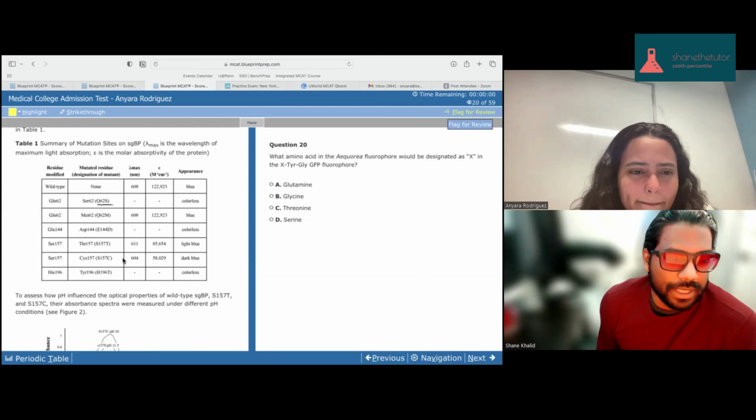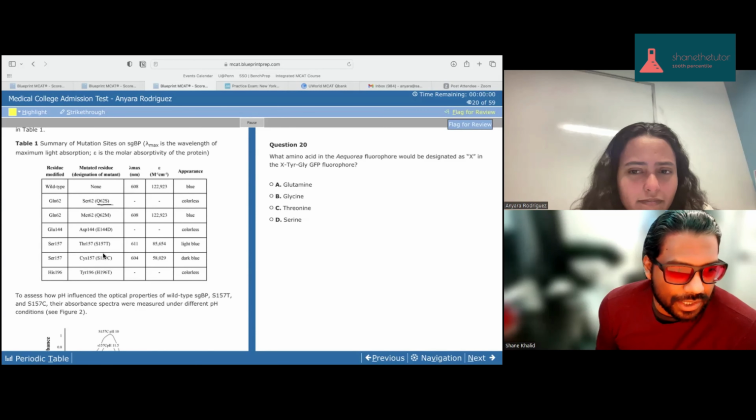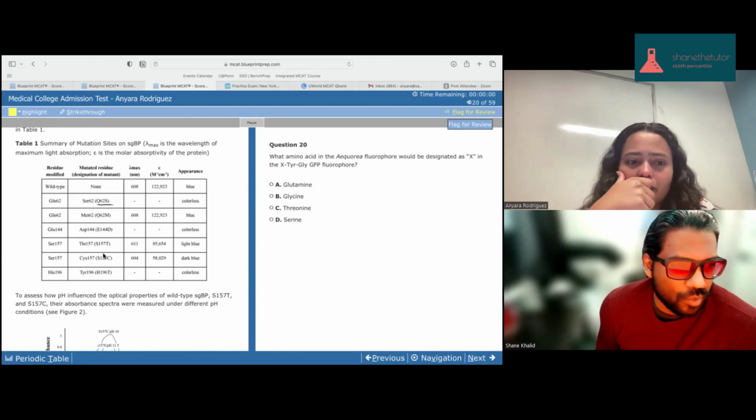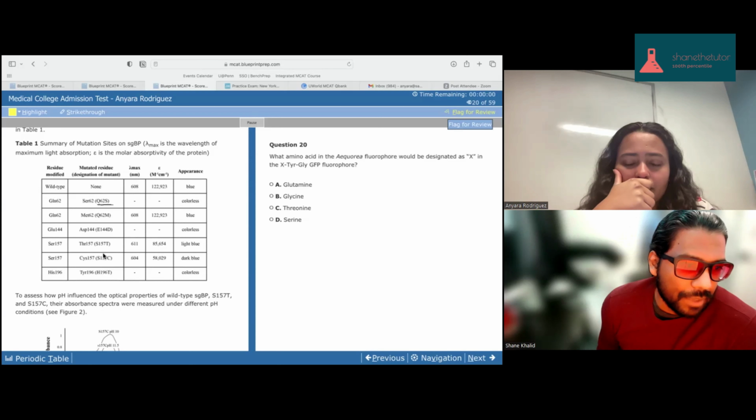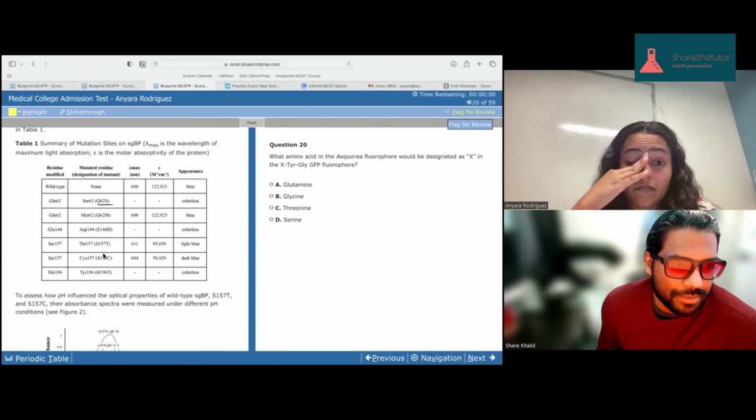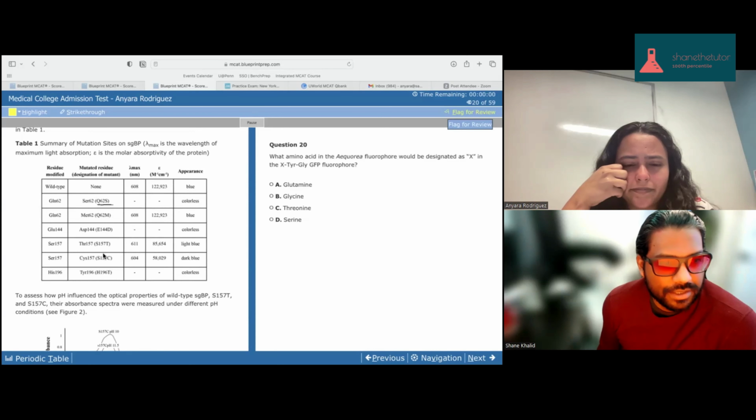So the glutamine at the 62nd position is turned into a serine, and we don't have a value for the wavelength of max absorption or the molar absorptivity, but we do have the appearance, which is colorless.